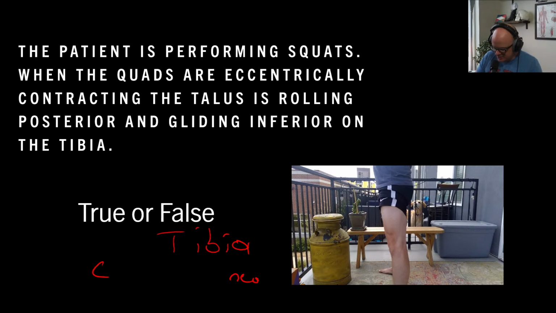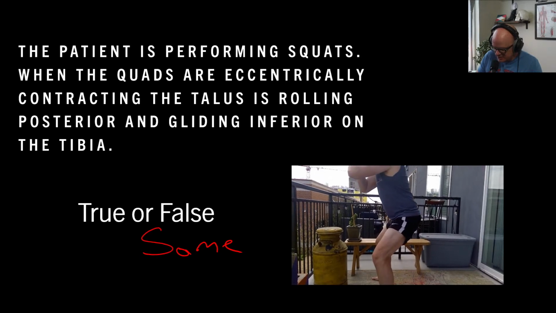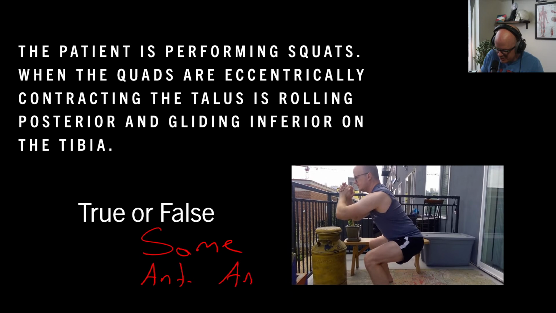So our rule now is the opposite of the one we just did. If the concave is moving on the convex, the roll and glide are the same. So the roll of the tibia in dorsiflexion is anterior, which means the glide has to also be anterior.